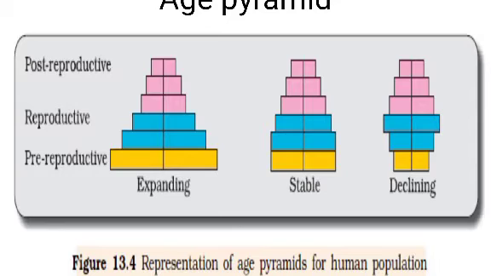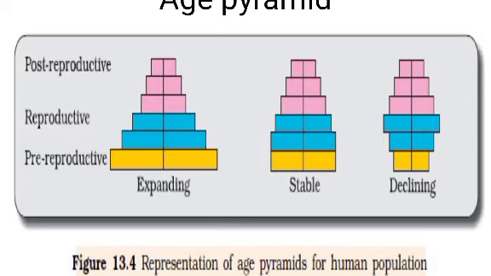So that can lead to an expanding population. When the pre-reproductive and reproductive age groups are more than the post-reproductive age group, the population will be a growing or expanding population.